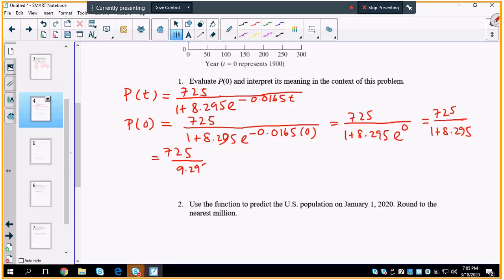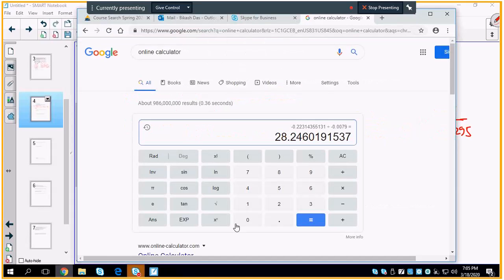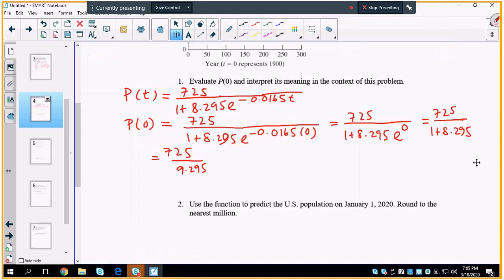Let's divide this: 725 divided by 9.295. Rounding to the nearest whole number, it is going to be 78. So it's almost equal to 78.